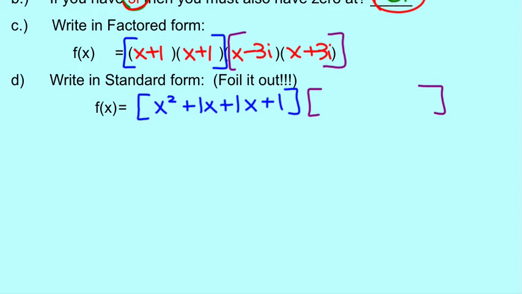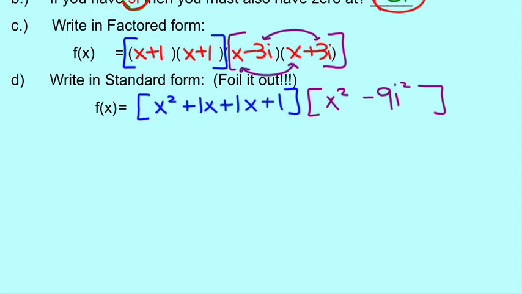Now, we get to save a little time on the purple because we get to do cheater FOIL. Only first and last. We don't care about the O and the I because those are conjugates. So negative 3i, positive 3i is negative 9i squared.